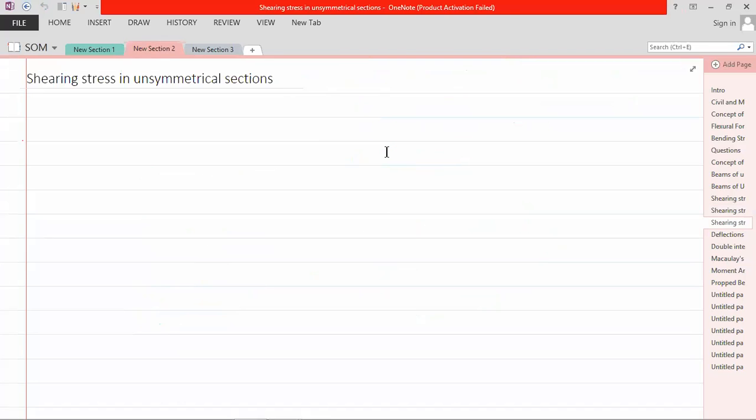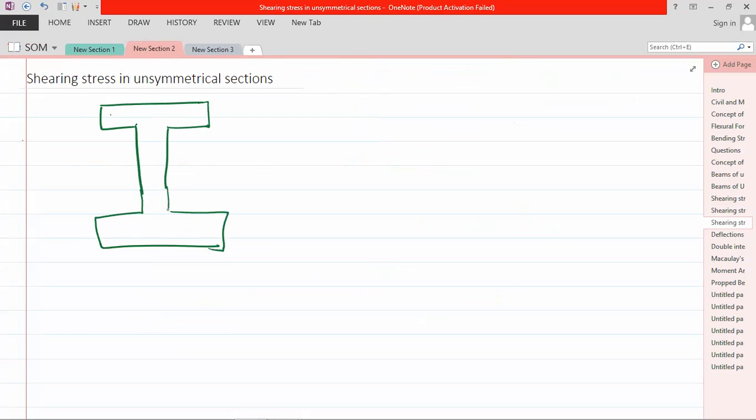Okay. Now in unsymmetrical sections, I'm not going through the derivation because they will not ask very much, but I will just give you a glimpse. I don't even remember when they last asked an unsymmetrical section problem in GATE. They only ask the diagrams.